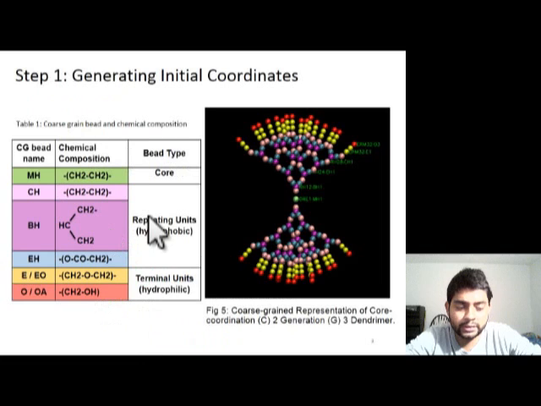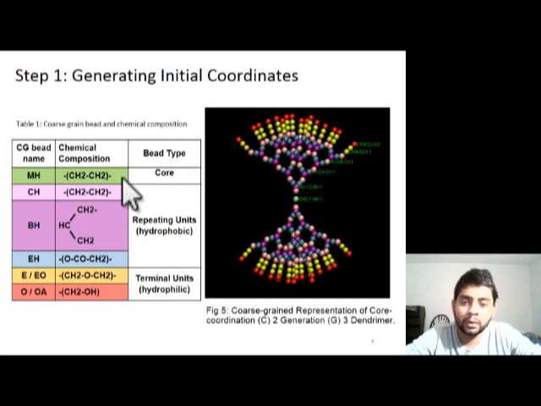In step 1, we create our dendrimer with a hydrophilic outer shell and hydrophobic inner core. We use the MH bead, that means CH2. This MH and CH are for coding and naming purposes.